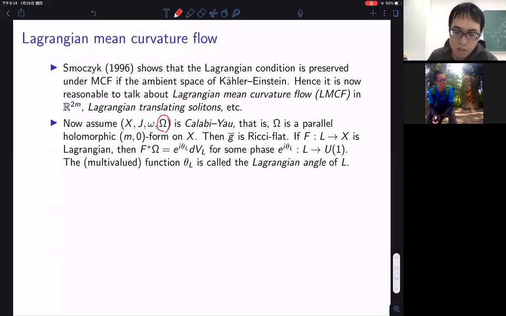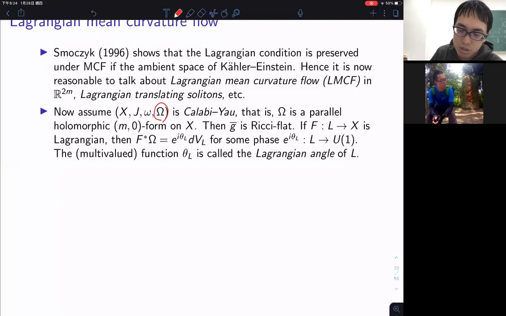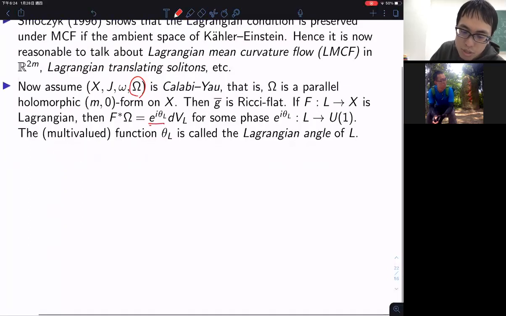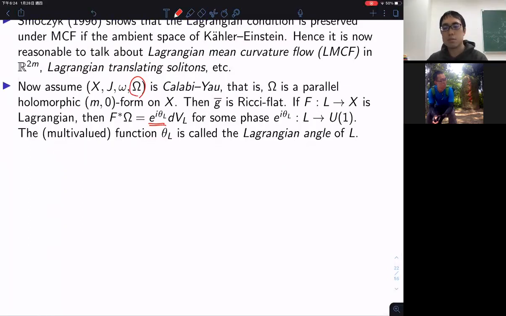So if we've got a Lagrangian submanifold in a Calabi-Yau manifold, then the Lagrangian condition will imply that if you pull back this Calabi-Yau structure, capital Omega, to L, then what you get is an m-form, and this m-form will be the volume form times a unit complex number.